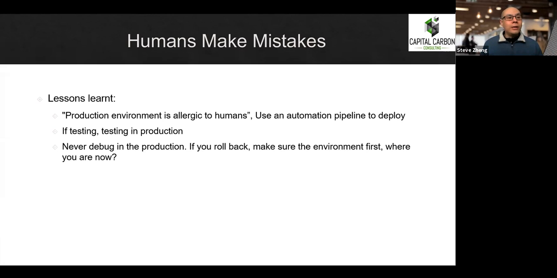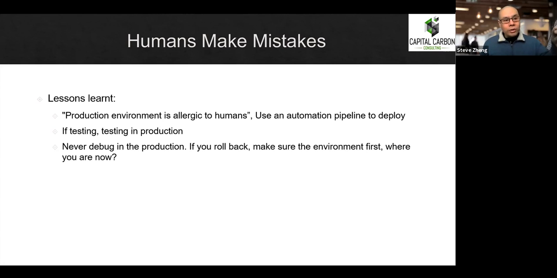The last one we learned from the incident: never debug in production. If something is wrong with production, roll back. And another thing about rollback: make sure which environment you are in.